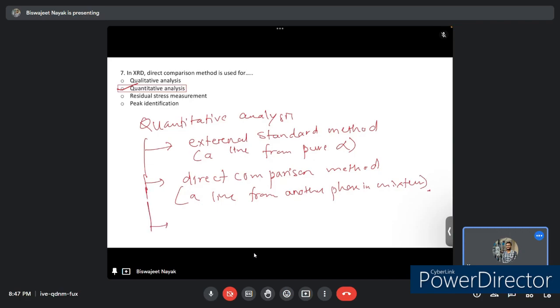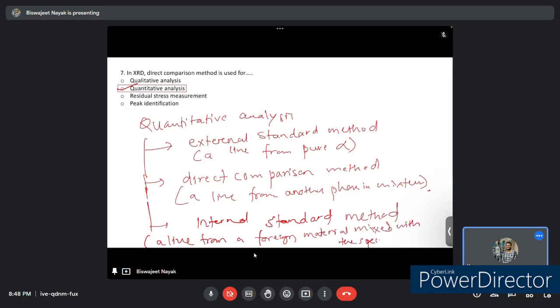And the third one, the internal standard method, uses a line from a foreign material mixed with the specimen, and then we do the measurement, mixed with a known specimen basically.